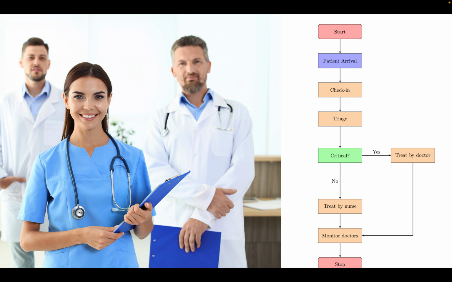The simulation tracks waiting times, treatment times, and resource utilization. It adjusts the number of doctors based on demand and dismisses idle doctors. After running the simulation, performance metrics such as average waiting time, average treatment time, and doctor and nurse utilization are calculated.